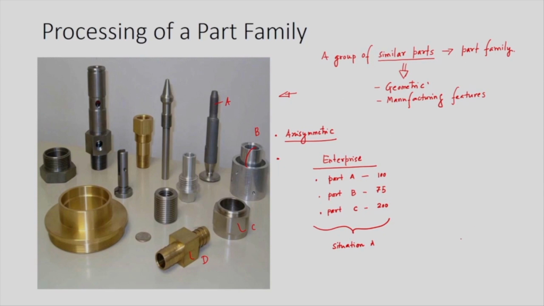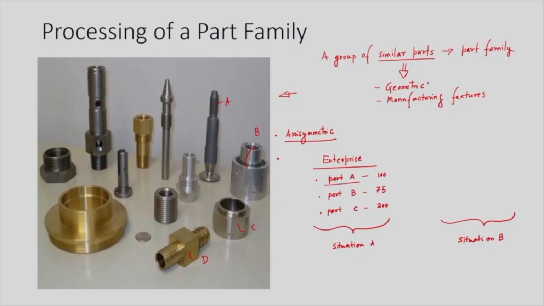In situation B, we do not know the exact requirement of parts A, B and C. Somebody will come to the factory owner or the entrepreneur and the customer will say that I want 2 components of type A, around 10 components of type B, and I need around 5 components of part C, in a random way or in a mixed way.